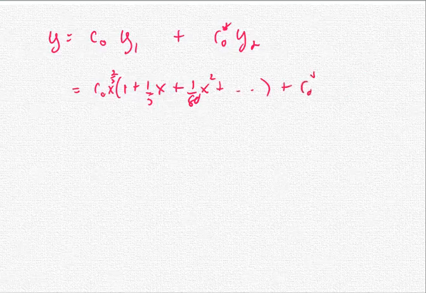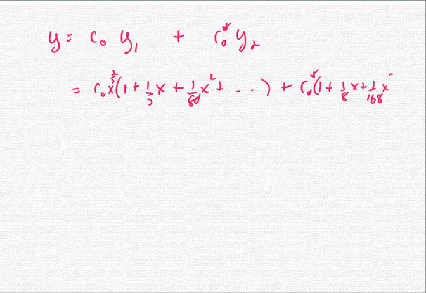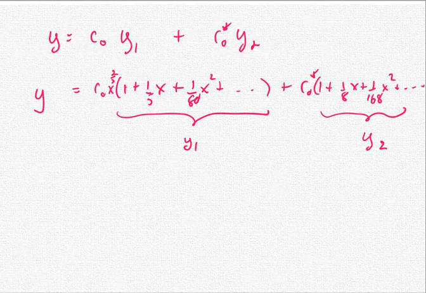And the second solution as the sum of 1 plus 1/8 x plus 1/168 x squared plus and so forth. The first one here is the first solution y1, the second is the second solution y2. And we can see the power series solution as a sum of the two linearly independent solutions.